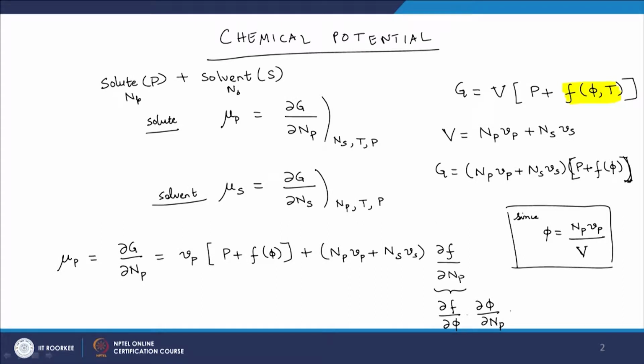So we can write dou f by dou Np as dou f by dou phi multiplied by dou phi by dou Np, and now let us see what the dou phi by dou Np is equal to.